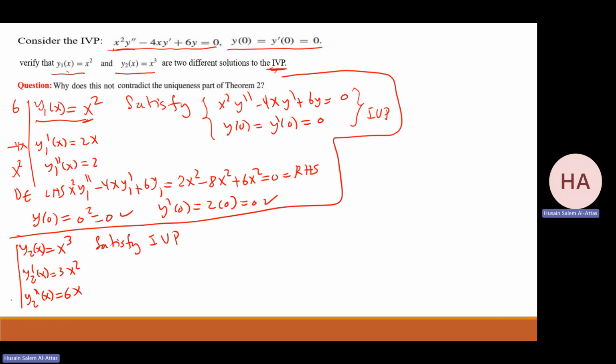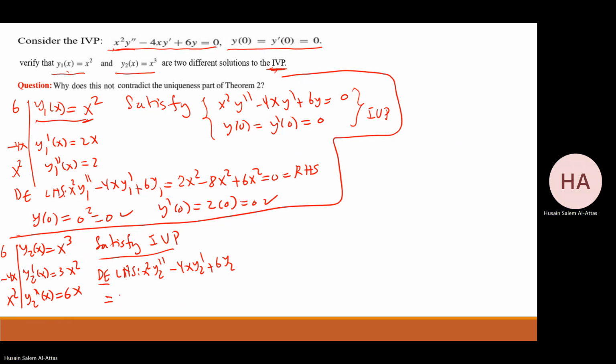I multiply this by x squared, this one by minus 4x, and this one by 6. So check the differential equation. The left-hand side is x squared y2 double prime minus 4x y2 prime plus 6 y2.